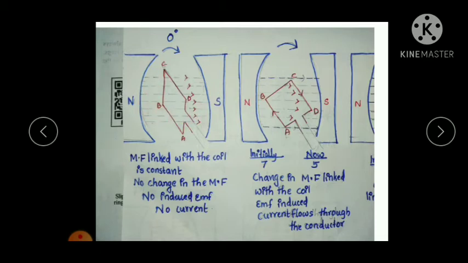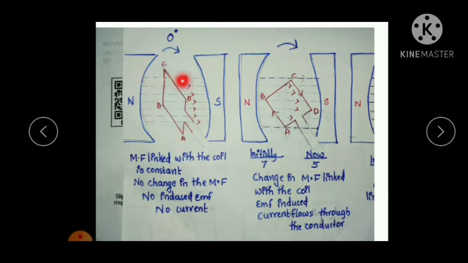armature coil. We know that a generator works based on electromagnetic induction, and whenever there is a change in the magnetic flux linked with the coil, an EMF will be induced in the coil.